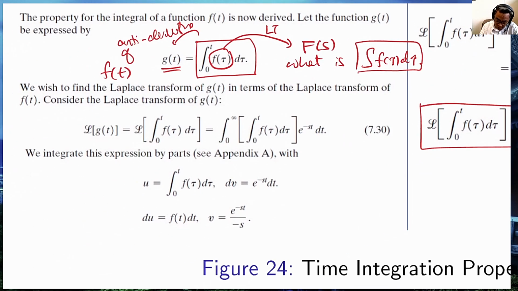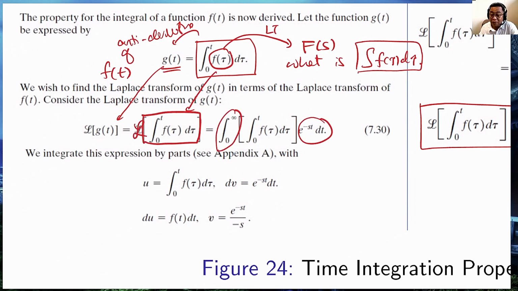That's the proof. Alright, so we're going to perform the Laplace transform of g of t, which is the Laplace transform of this little guy here. When we reach this point, of course, we can open it up to write the equation for the Laplace transform, which, in this case, we are doing the causal.